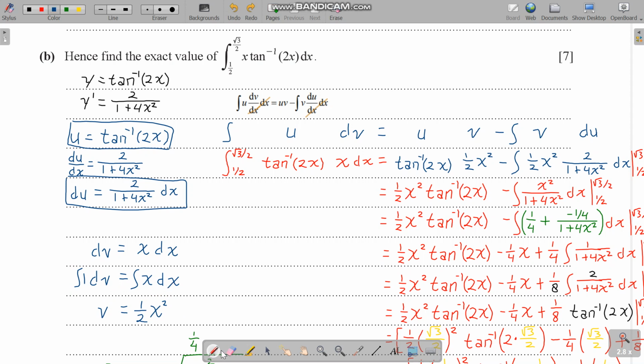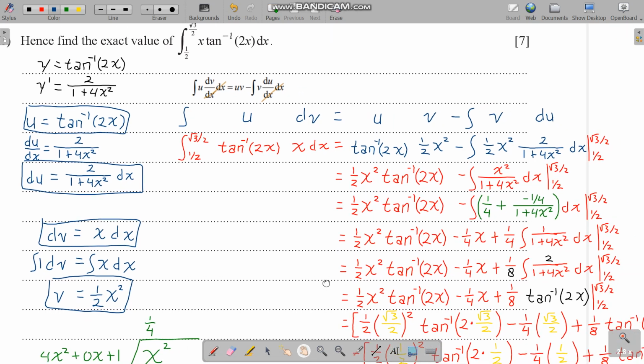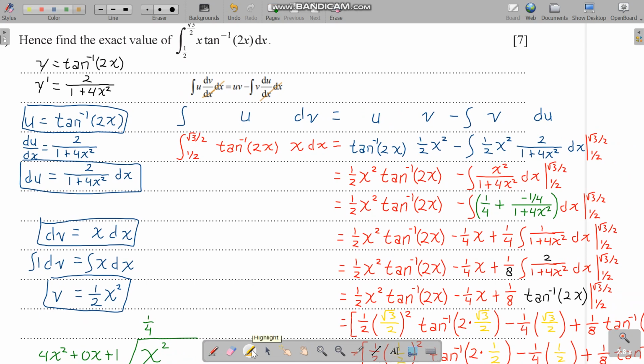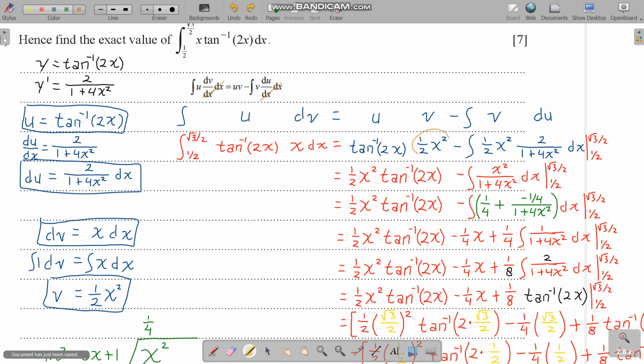So we need the v and also the dv. We have everything we need. Let's substitute. The u is inverse tangent 2x, the v is 1/2 x squared, and the du is 2 over 1 plus 4x squared dx.